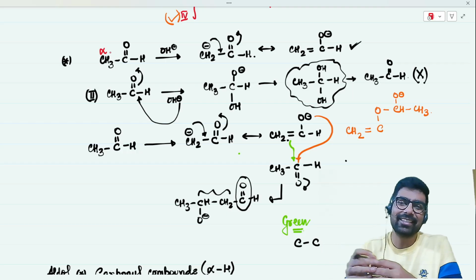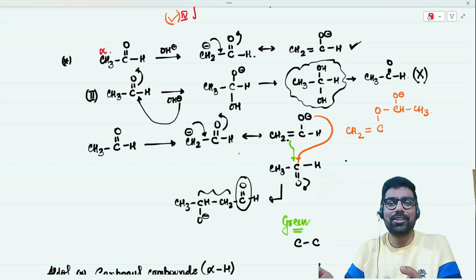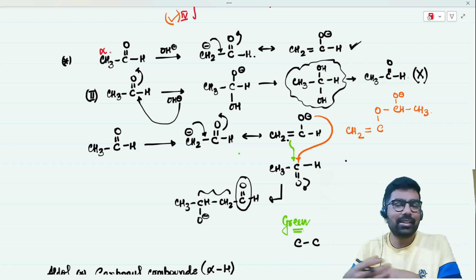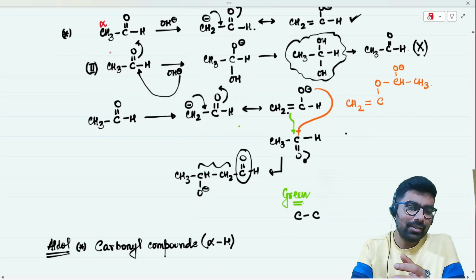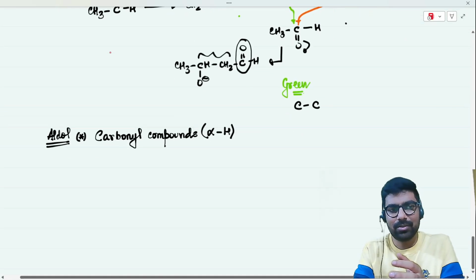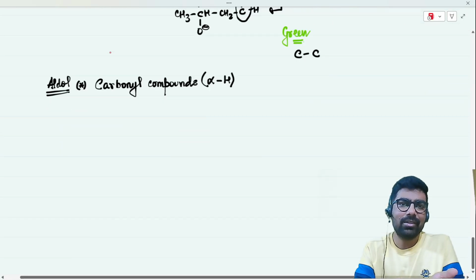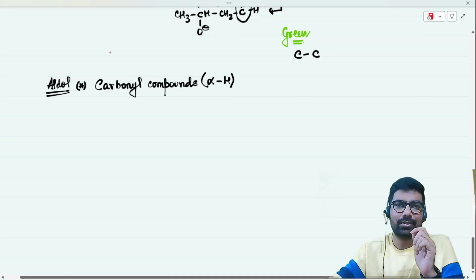That is the main thing with the alpha hydrogen also. If there is no alpha hydrogen present, the first step itself gets sabotaged, and when the first step is sabotaged, nothing will take place. Okay. So of course, it will take place in the carbonyl compound that has an alpha hydrogen.